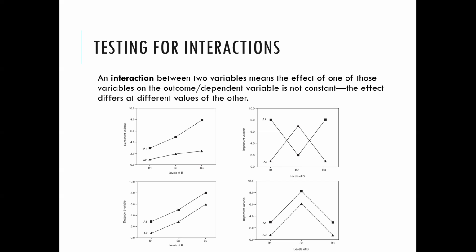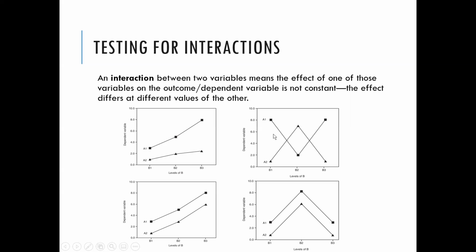So you can see on the top half, in this figure and this figure, that the values of A look very different. The values of A at level 1 are very different for each level of B when compared to the second category of A. You can see where they actually diverge from each other.